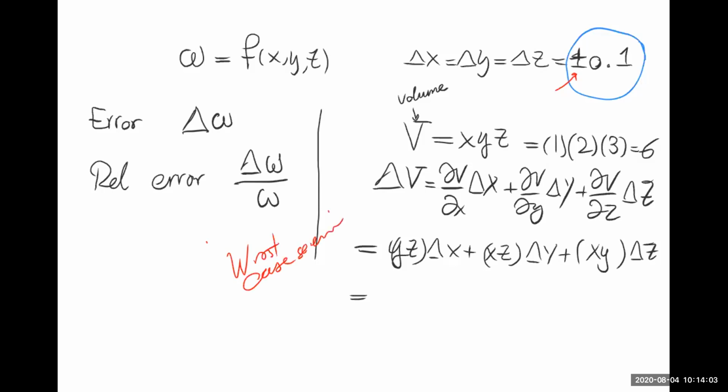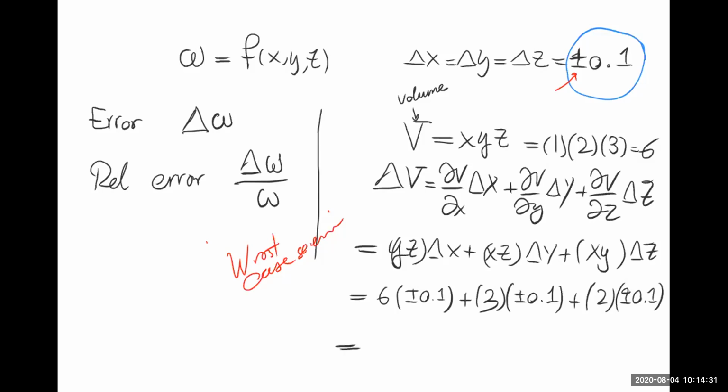So here, YZ is equal to 6 times delta X. Delta X might be plus or minus 0.1. XZ is equal to 3, it's 3 times plus or minus, delta Y is also that amount. Plus XY, XY is 2 times plus or minus 0.1.